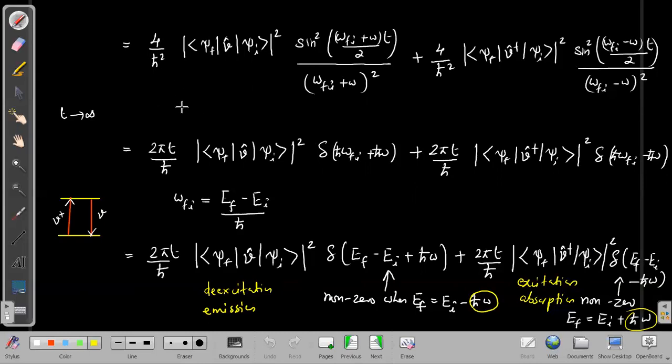So if you plot this sine square function using a graph, how will it look? It is sine square of (omega fi plus omega) t by 2, divided by (omega fi plus omega) square. If you plot this graph, the plot would be like this.